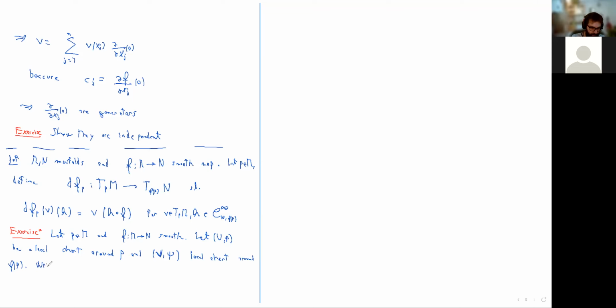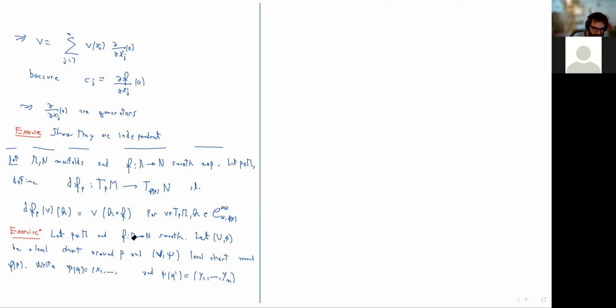And write phi of q equal x1 through xm, and psi of q prime equal y1 through yn. Actually, I'm going to use n here and m here for consistency.